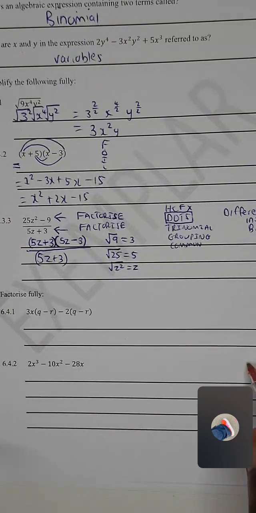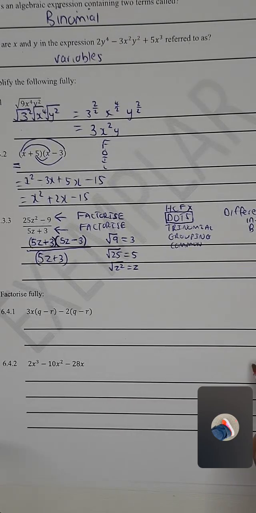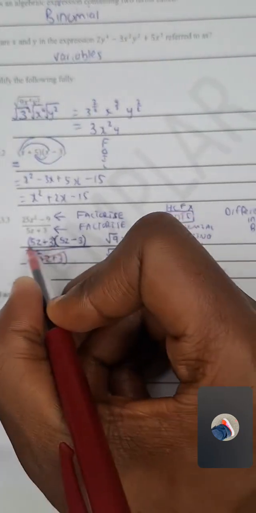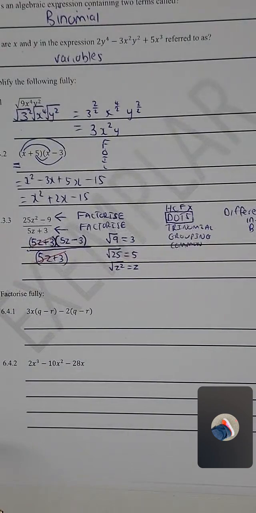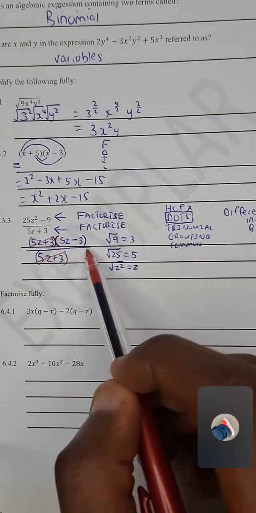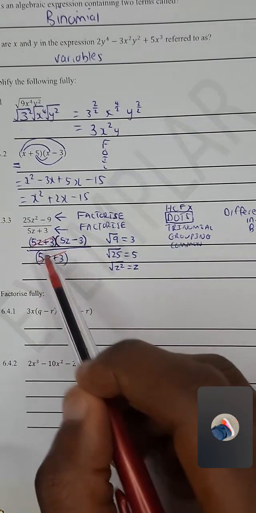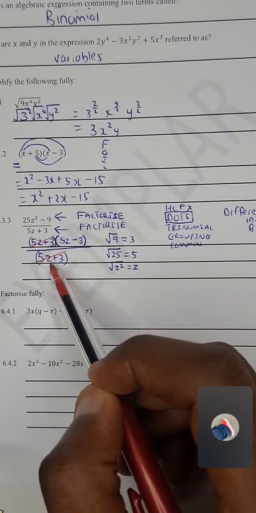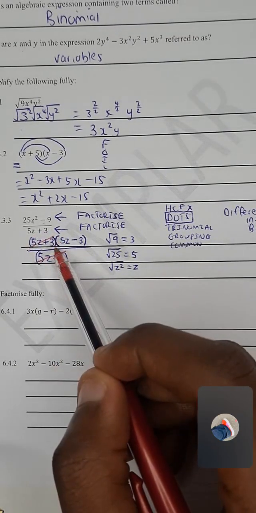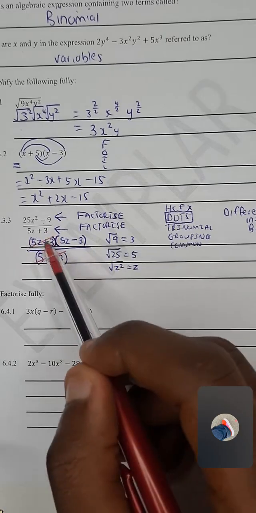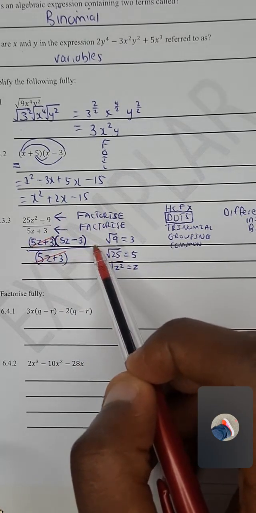Does it make sense? Yes or no? You can say so if it doesn't, so that I can explain. If it does make sense, then you can now cancel these 2, because this bracket is multiplied with that one. Cancellation can happen with common brackets, numerator and denominator, as long as the brackets are not added or subtracted to something else, as long as the brackets are multiplied to something else.